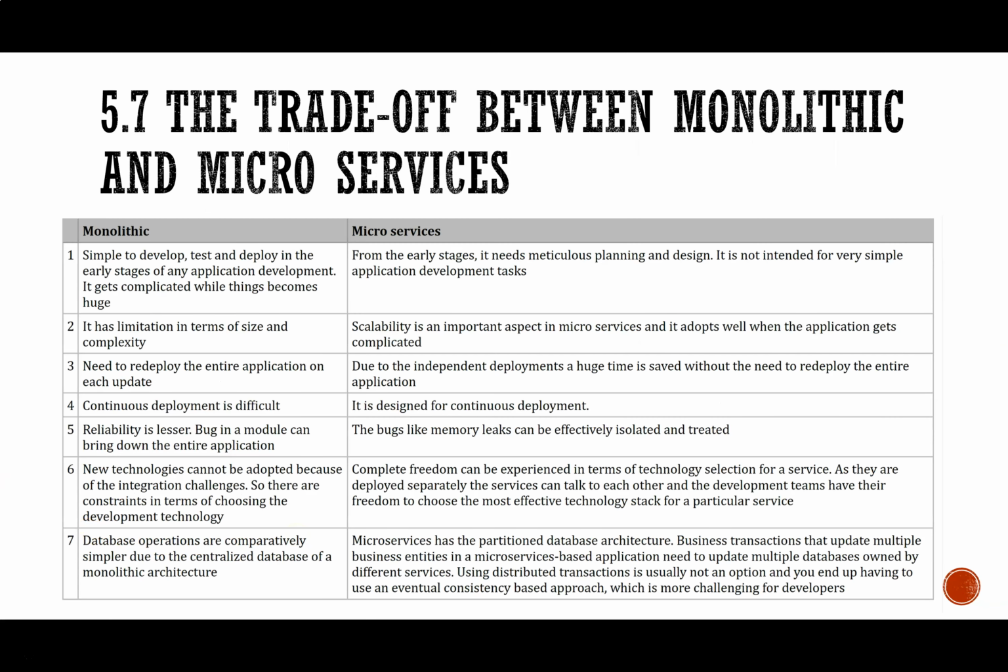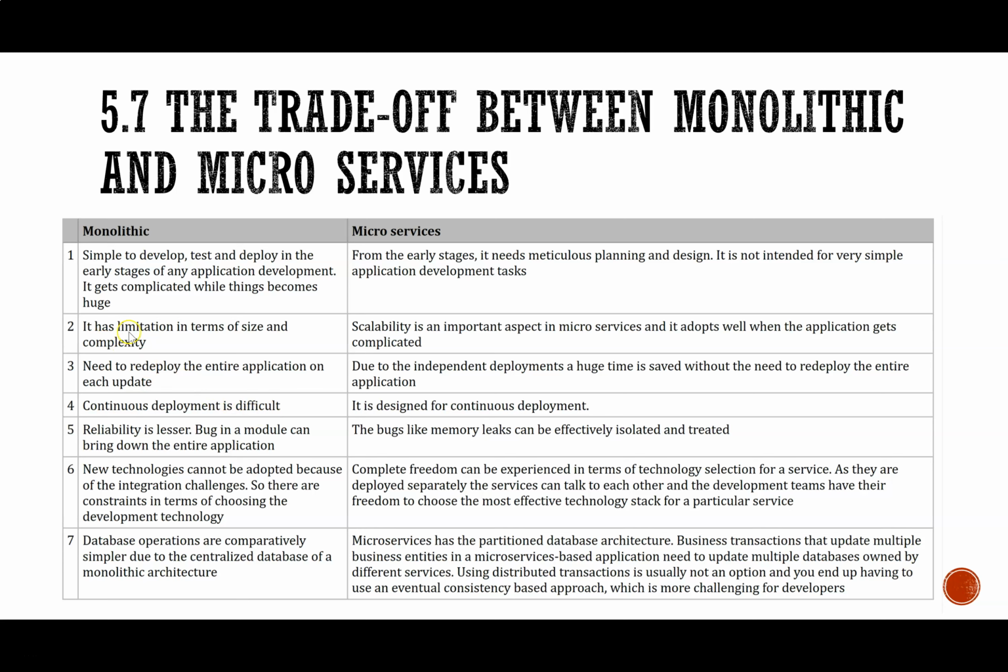This is a nice chart that compares monolithic architectures to microservices. The monolithic is simple to test and deploy, but gets complicated as the system becomes larger. Microservices are a little more complicated, but they're not intended for simple applications.